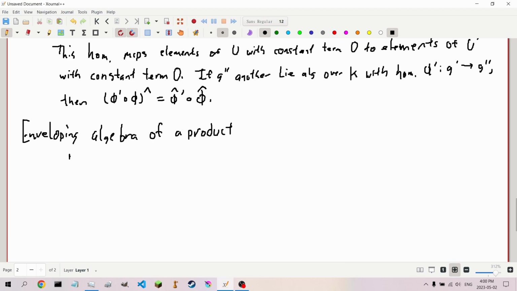So we're going to let G1 and G2 be Lie algebras over K. And they both have enveloping algebras and canonical mappings as before.